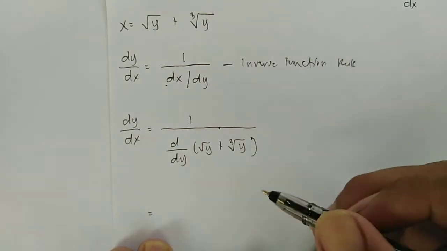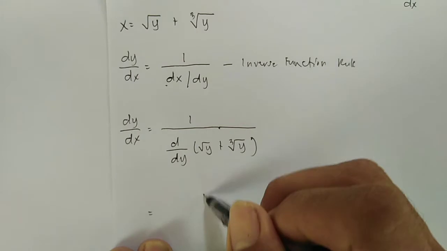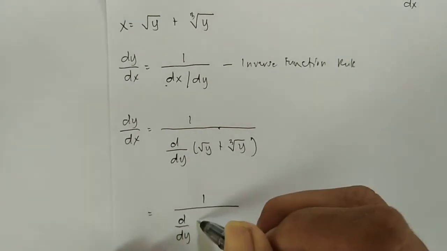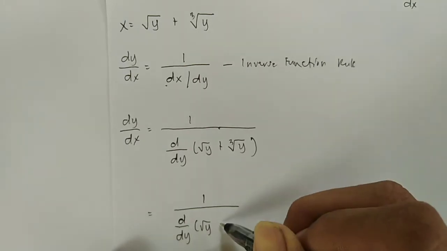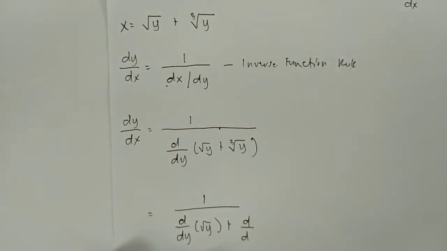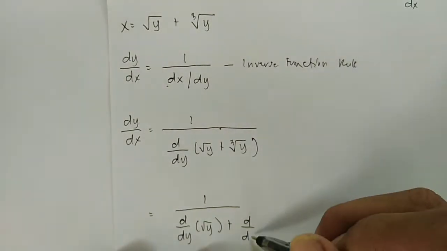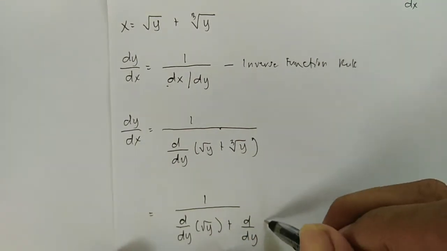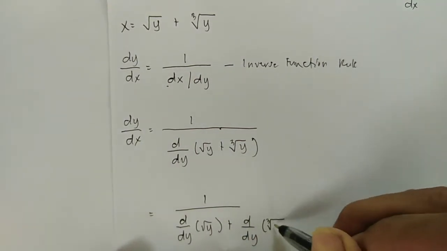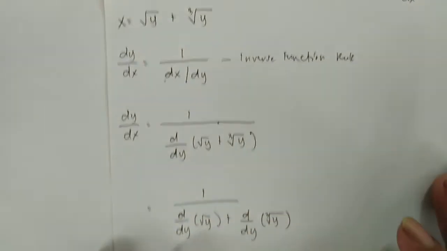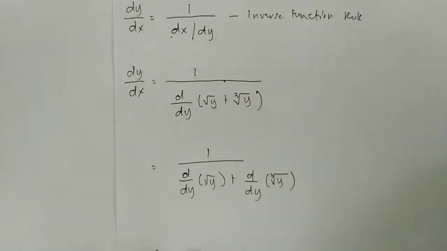So, 1 over, notation ng derivative, distribute natin sa buong equation or sa buong function, plus derivative of, distribute din natin tong derivative notation sa lahat ng expression sa function. Ngayon, simplify natin yan.